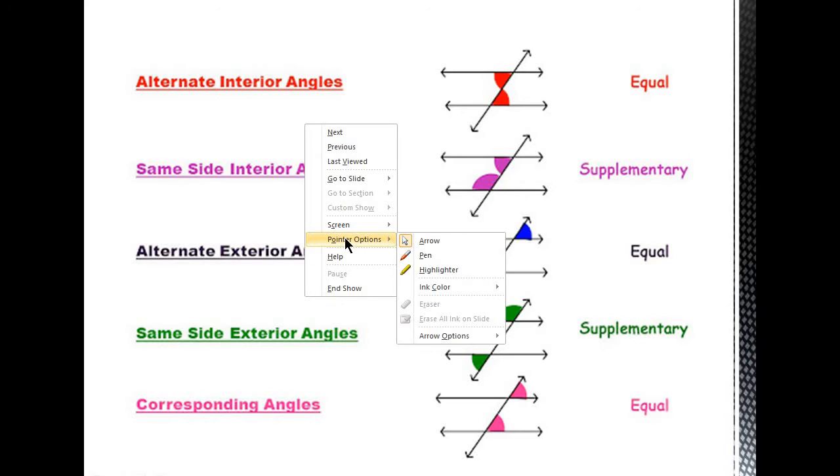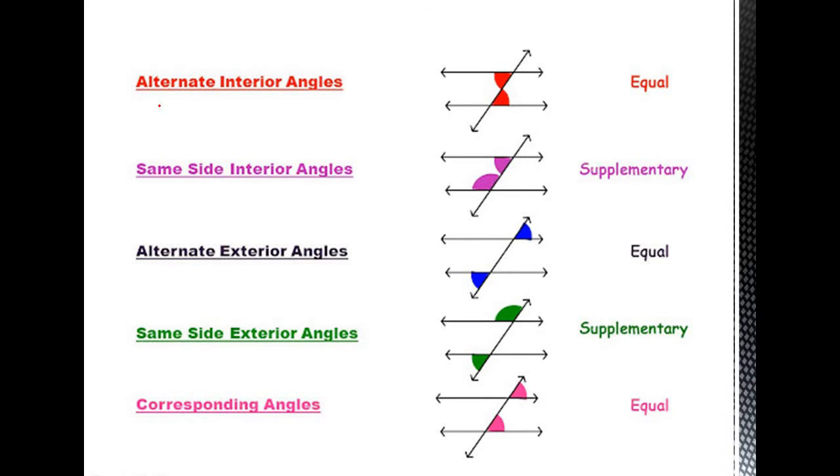These red shaded parts are called alternate interior angles, and they are always equal. Same side interior angles are also called co-interior angles, where co means consecutive.